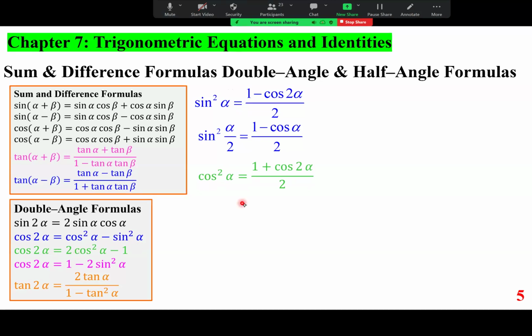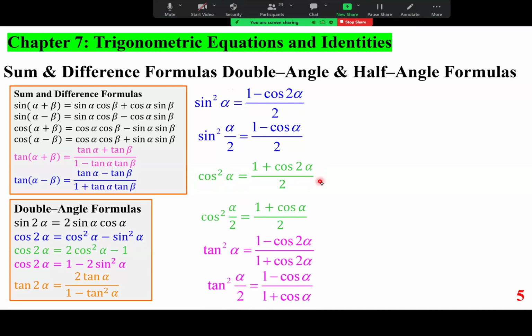For cosine, from here we can say cosine squared alpha is 1 plus cosine 2 alpha over 2, and if it's alpha over 2, this changes to alpha. And to find the tangent, it's easier to divide sine by cosine. In this case, sine squared over cosine squared, and therefore tan squared is 1 minus cosine 2 alpha over 1 plus cosine 2 alpha.